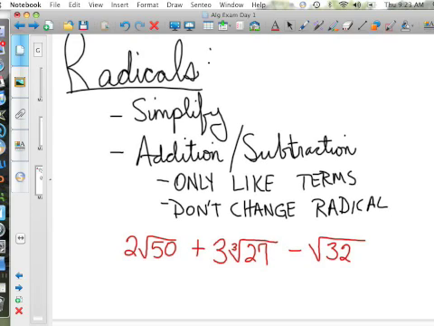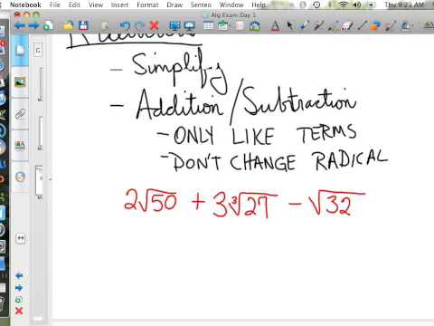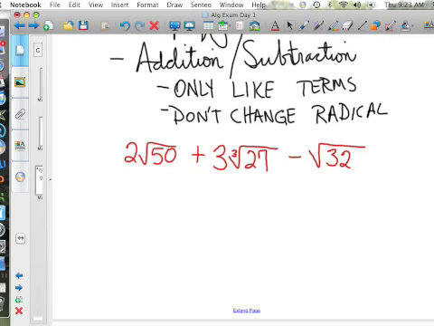Okay, well, it says I can only add them if they're alike. And none of them have a radical that's alike right now, but I first need to simplify because they might. Yes, this is a cubed root right here.